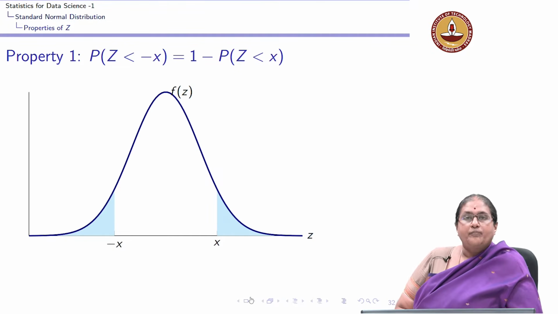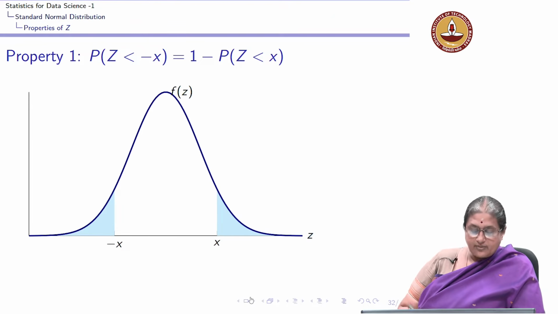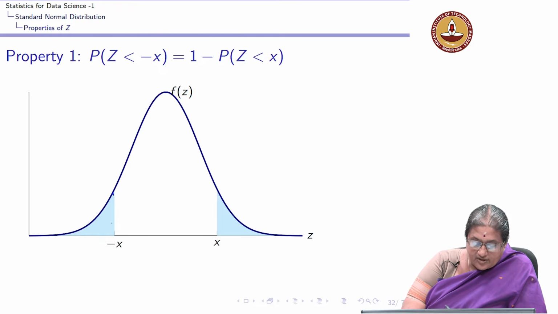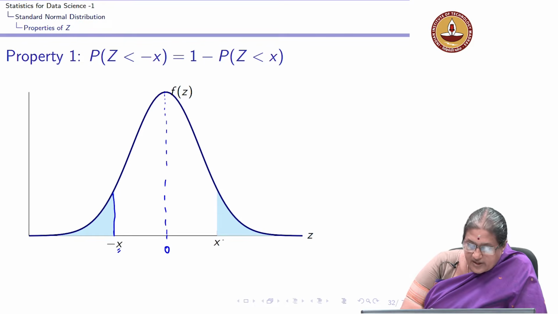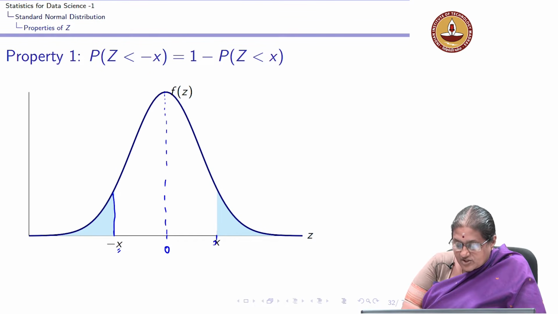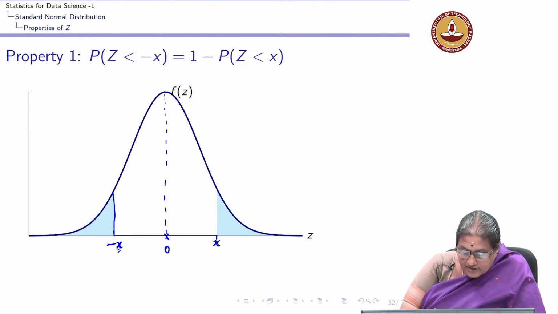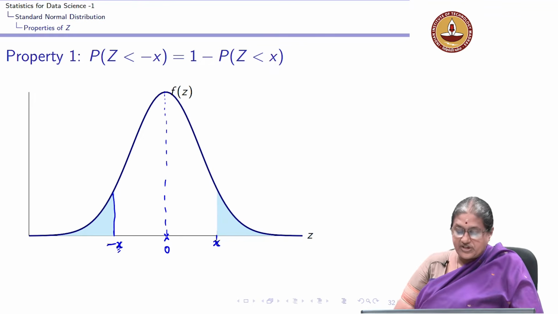There are a few properties that come in handy for us to understand. One of them is the probability Z is less than or equal to minus x. If I have a 0 here, any values here and here are going to be mirror images of each other. So, if I have an x here, I am going to have a minus x here because the mean is around 0.